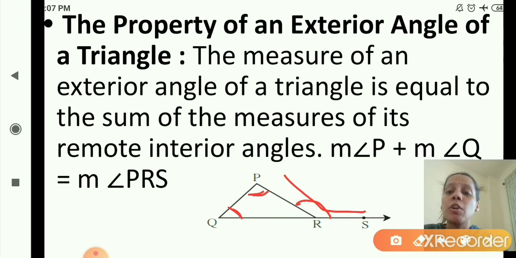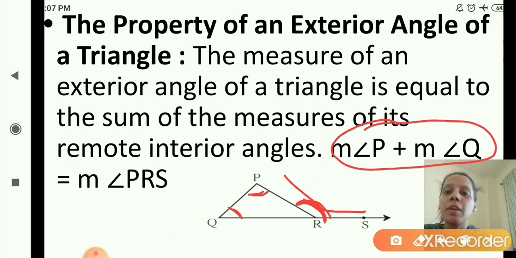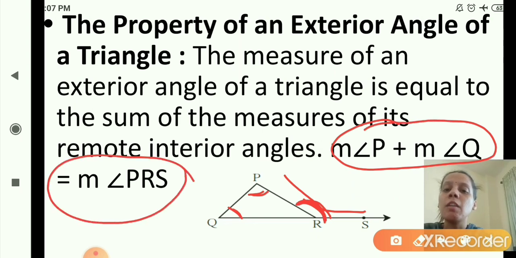So what is the measure of PRS now? What is the measure of angle PRS? Measure of angle PRS is equal to measure of angle P plus measure of angle Q, as you can see here. Measure of angle P plus measure of angle Q is equal to measure of angle PRS.